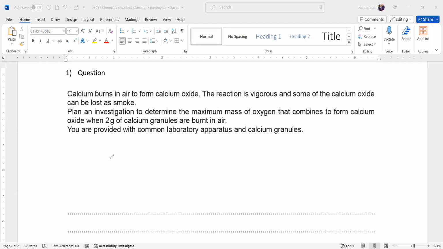Whenever we want to burn a metal and form metal oxide and prevent it from being lost to the surrounding, we use a deep container, and that deep container we call a crucible. So we use a crucible, and the crucible with a lid.